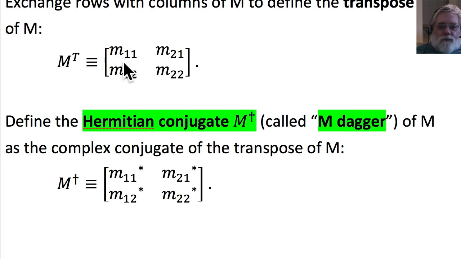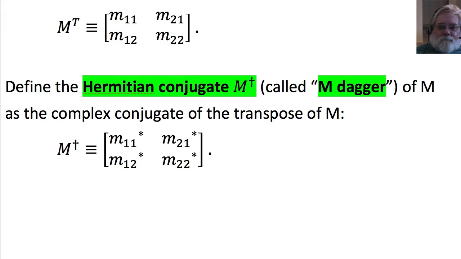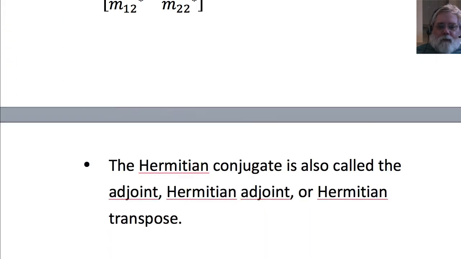Here's the transpose, here's the conjugate of the transpose: M11 star, M21 star, M12 star, M22 star. That is the Hermitian conjugate, M dagger, of M. The Hermitian conjugate is also called the adjoint, the Hermitian adjoint, or the Hermitian transpose.